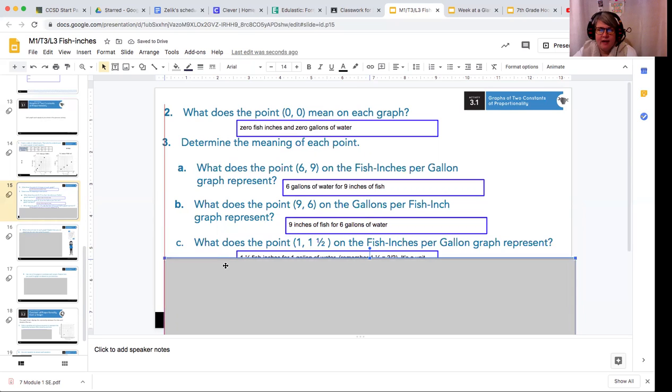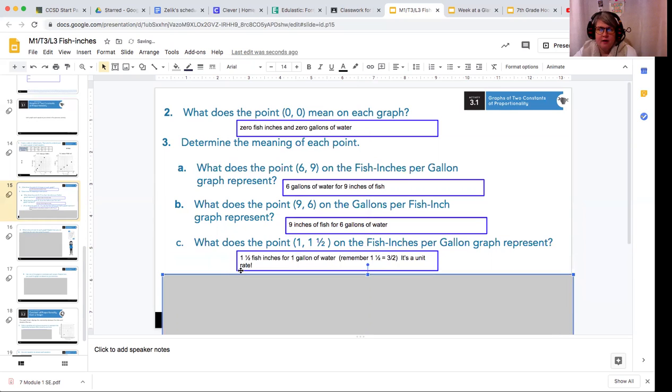(1, 1.5) on fish inches per gallon represents 1.5 fish inches for 1 gallon of water. So remember, 1.5 is 3 halves. So remember, we see that 3 to 2 ratio. So 1.5 fish inches for 1 gallon of water, and that's a unit rate because it's per 1 gallon of water.